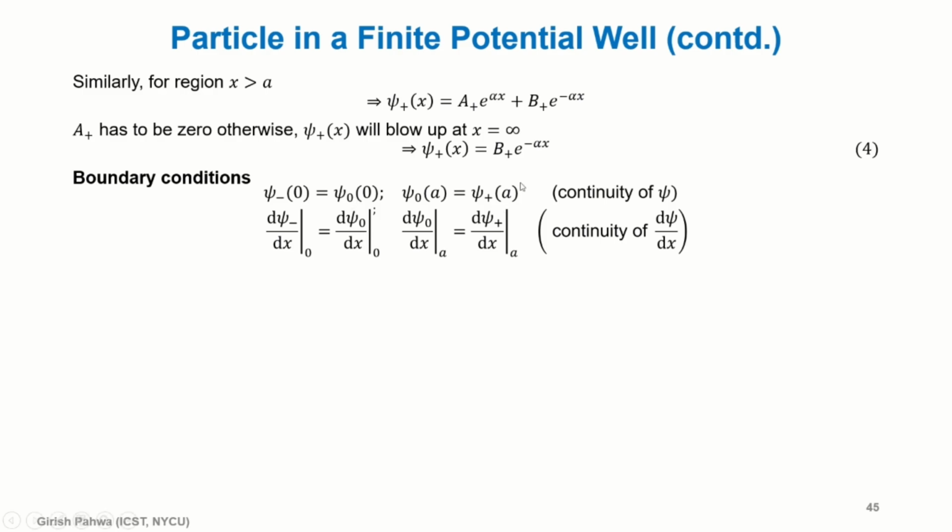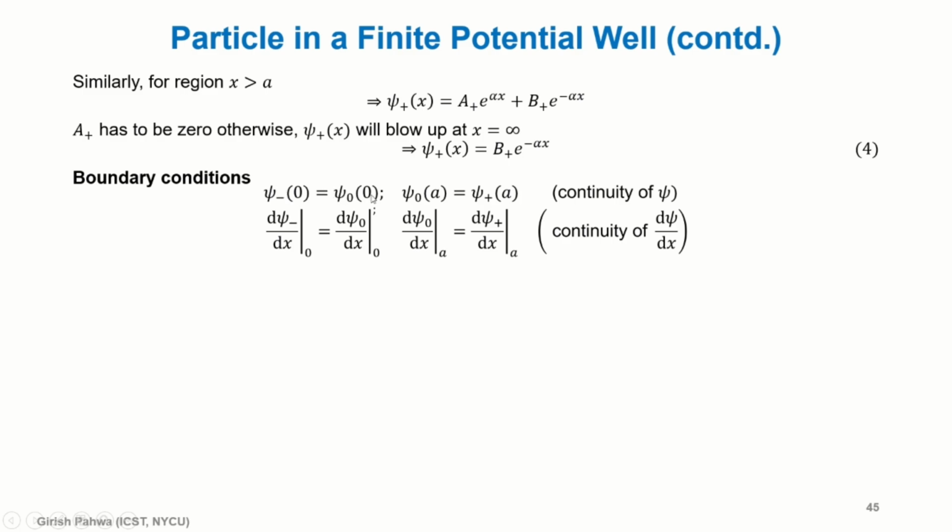We know that the wave function has to be continuous everywhere. It cannot be discontinuous, because discontinuity means at the same point you have two values of the probability, which is not possible. So the continuity of psi will lead to, at x equal to 0, psi minus and psi naught. Psi minus is the wave function for x less than 0, and for x greater than 0 you have psi naught.